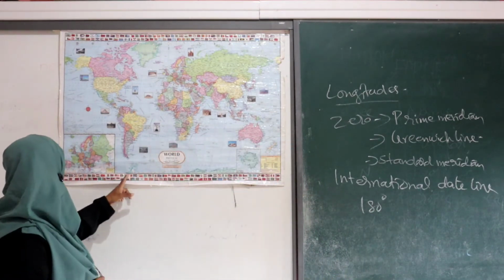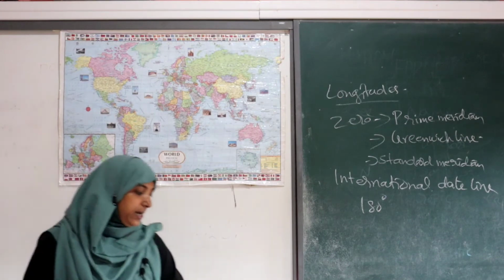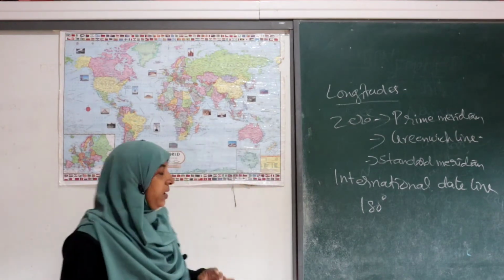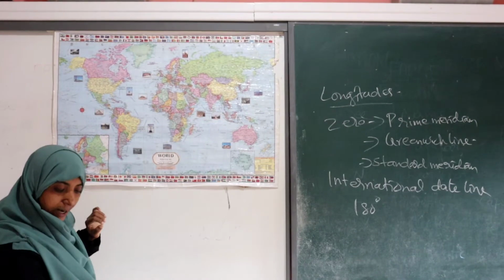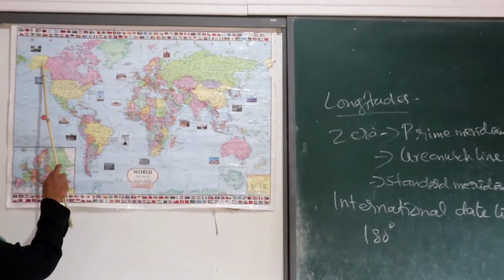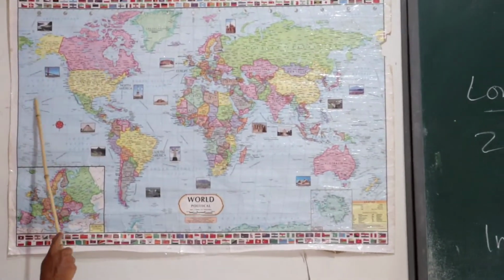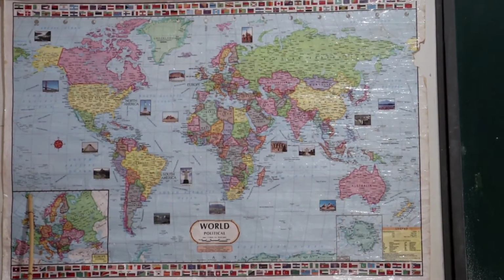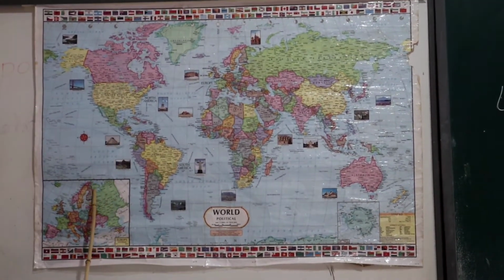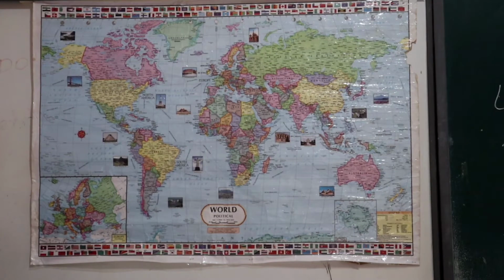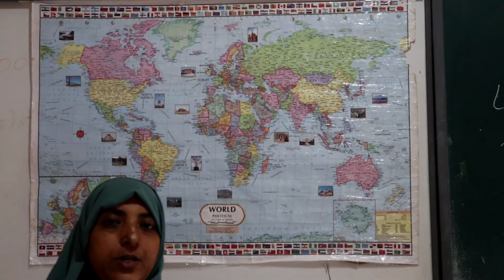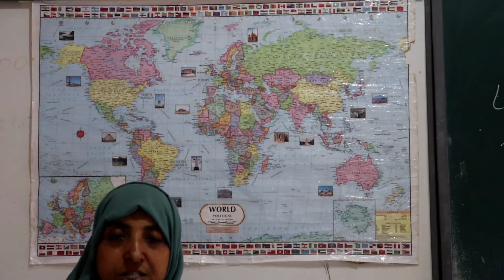Then here also you can see the international date line, here also that 180 degree. Then all of you remember, this 180 line is a zigzag line. It is not a semicircle. You remember one important point: when we studied latitude, we know that it is a circle shape.